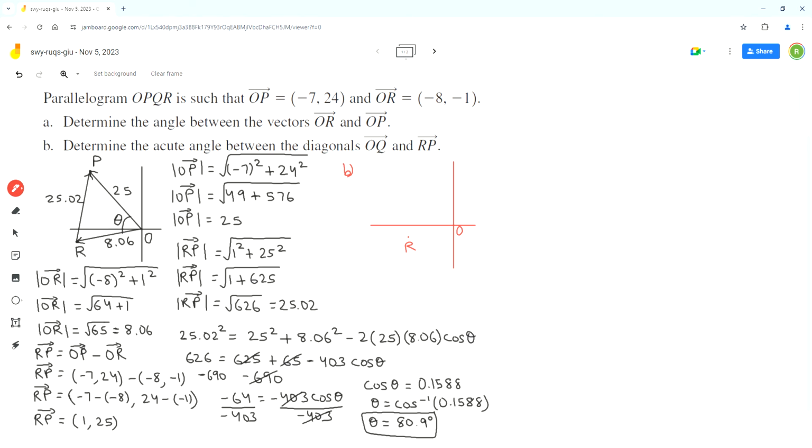R is point P, and now we can join the vectors OP and OR.